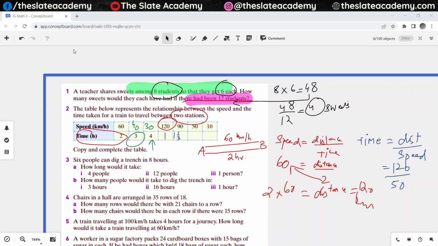Good. So if it travels at a speed of 10 kilometers per hour, how much time does it take?